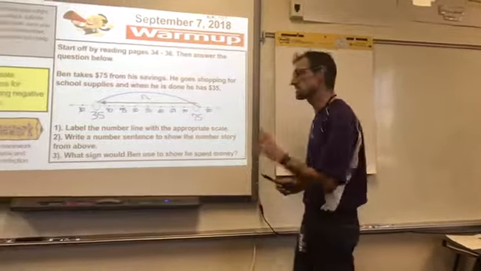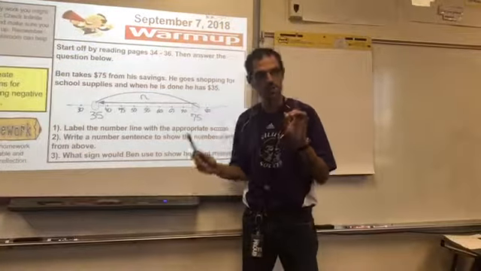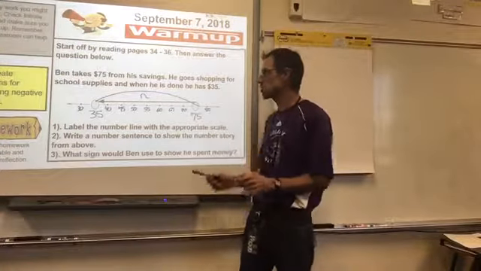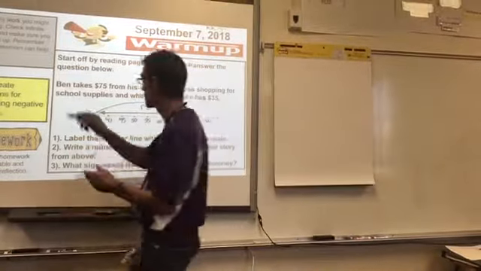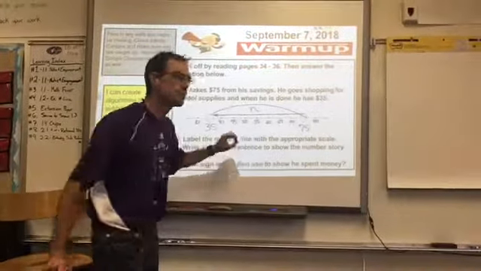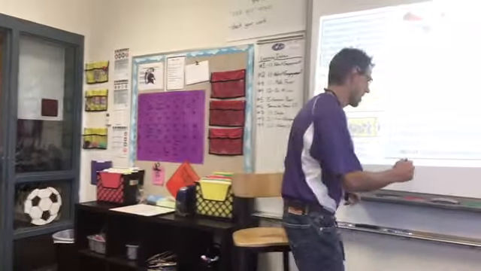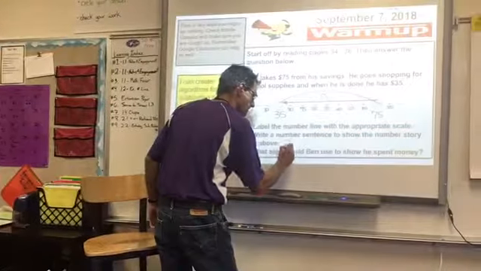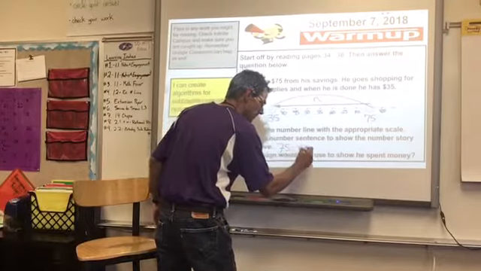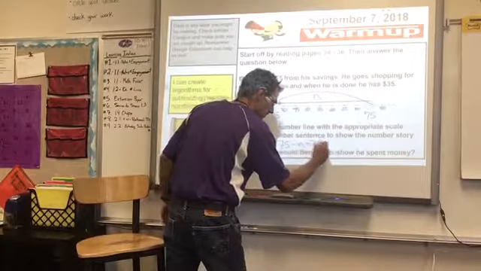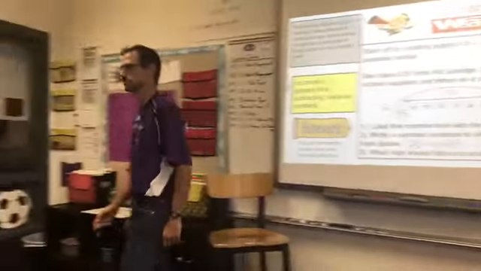Write a number sentence. Now, this is a good one. I like this one. To show the number story. Here's the number story. This is the number story right here. So what's the number sentence? Ashton. 75 minus what equals 35?